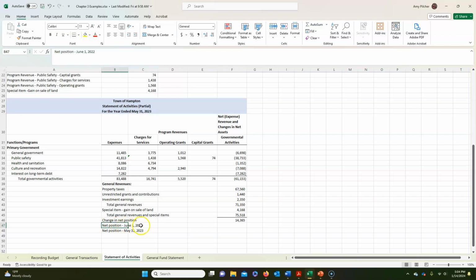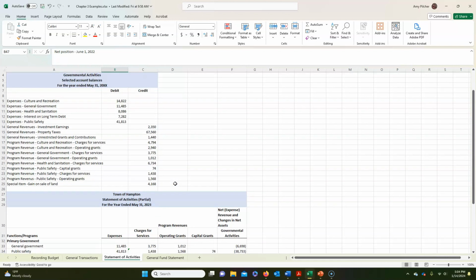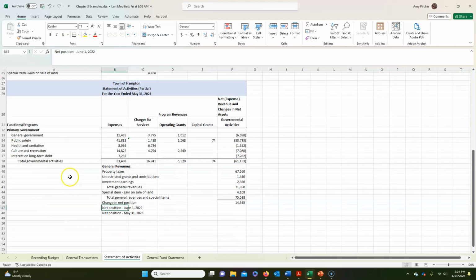Then we're going to look at what the net position was, and this is actually on June 1st, 2022. Our fiscal year ends on May 31st, so it starts on June 1st. So what was our net position at the beginning of the year? If it has that information, which I didn't put on here, but I will tell you what that number is.